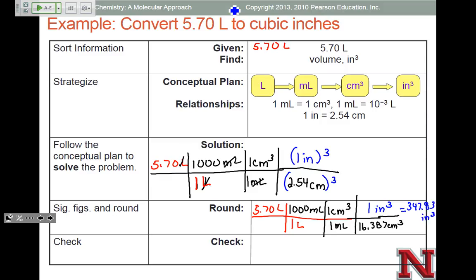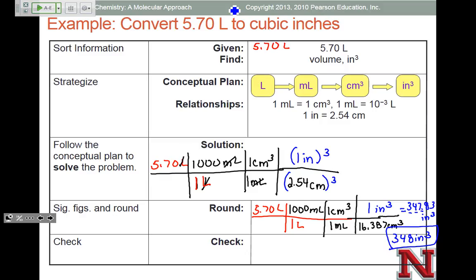Of course, I started out with 3 significant figures, and my relationships are all exact numbers, so they're not going to contribute to my significant figures, so my final answer should be in 3 significant figures. And that makes sense based on what we know about how liters and inches are in agreement.